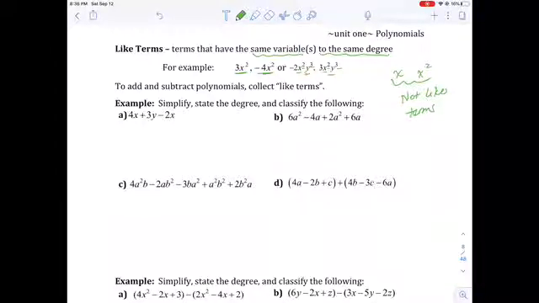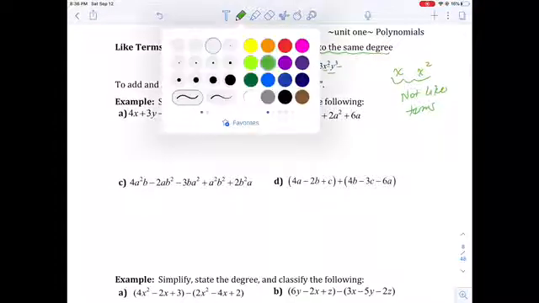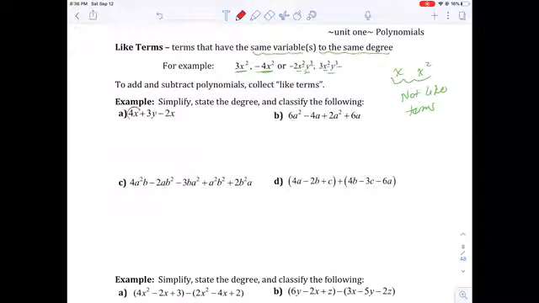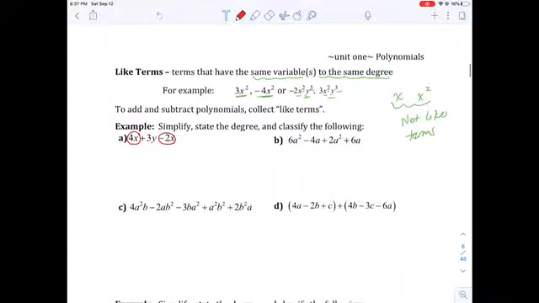Okay, simplify, state the degree, and classify. So let's simplify to begin with. Let's look at what are my like terms. Here I've got a 4x and a negative 2x. If I were to think about Lego, I might call these my x blocks, and these my y blocks. Those are totally different shapes, so I can't say that 4x plus 3y is 7xy.